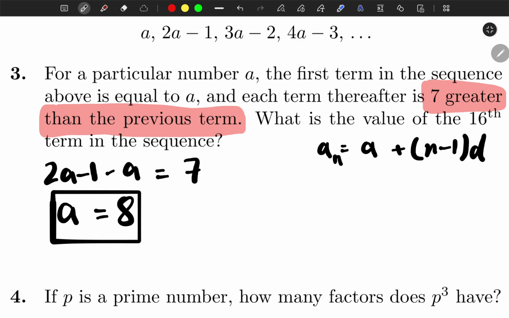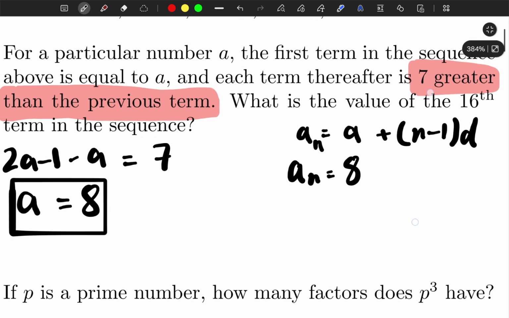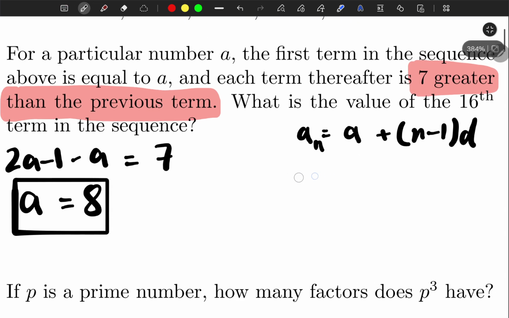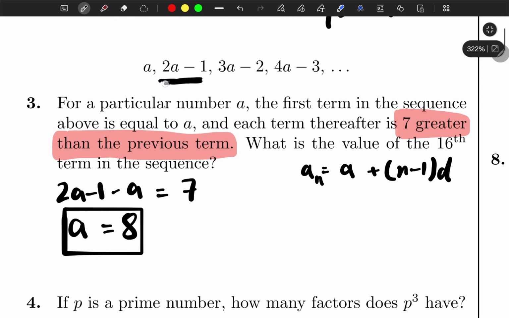Now to find the common difference, all we have to do is this. So first, let's just substitute in the 8 over here. So now basically, since we can see that when we subtract the next number from the previous number, we're getting 7, hence we know that d, which is the common difference, is going to be equal to 7.